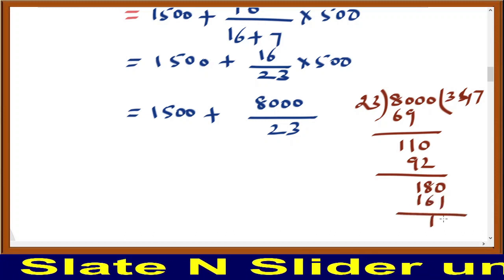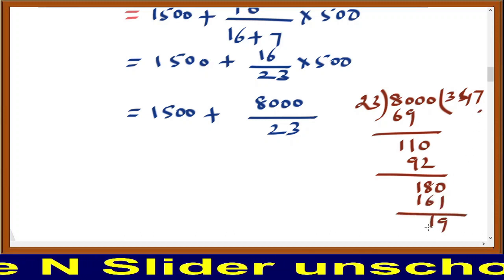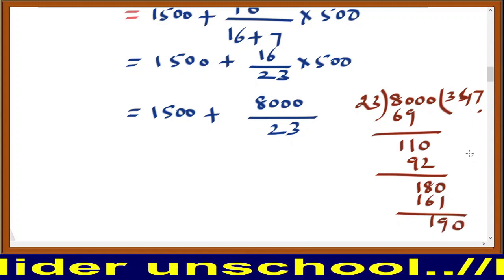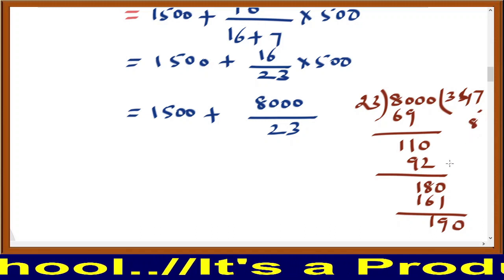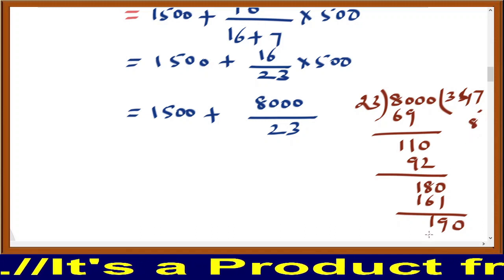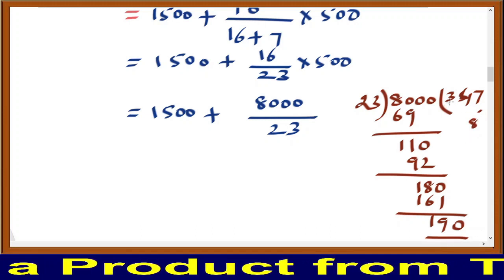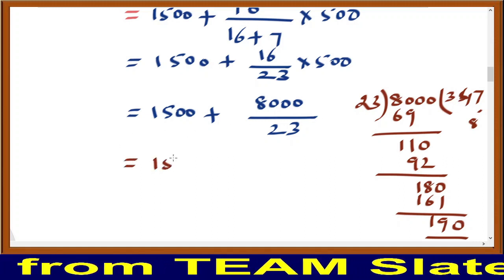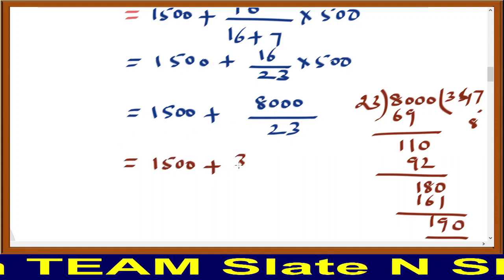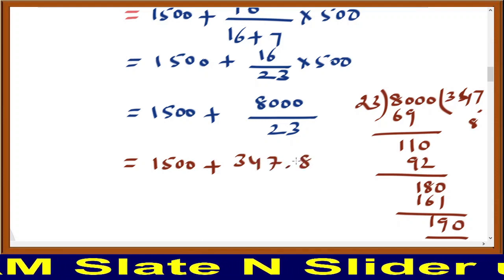So it is 19. Keep a decimal point, 0. Again 23 eights, 160, 184. So it just goes on. So it is 347.8.